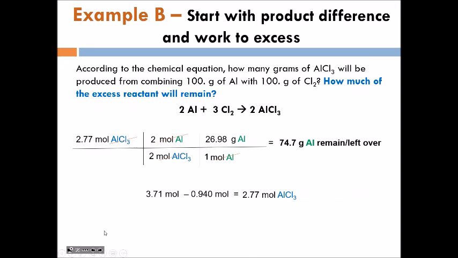Like I said, some instances this way actually works better. Some instances the limiting to excess way works better. Really depends on the way the problem is set up. And it also kind of is about how you think about it. If you like to do starting minus used, gives you the extra. Or you can subtract the product, get your extra first, and then work it to the excess reactant.